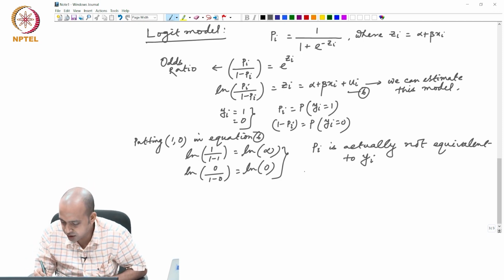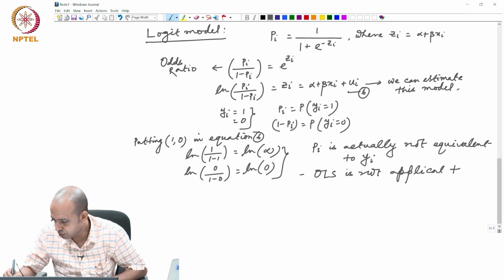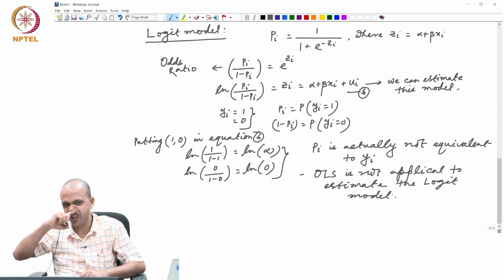That means OLS is not applicable to estimate the logit model. We need to go for a different route.